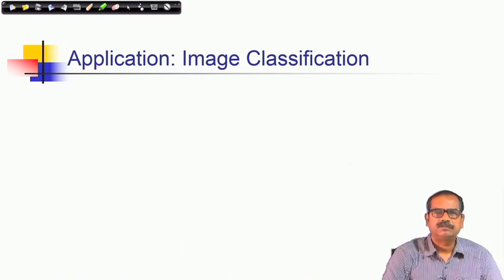There are different applications of this deep neural architecture. Before describing the features of this architecture, let me give a brief overview of the applications reported for this kind of architecture.